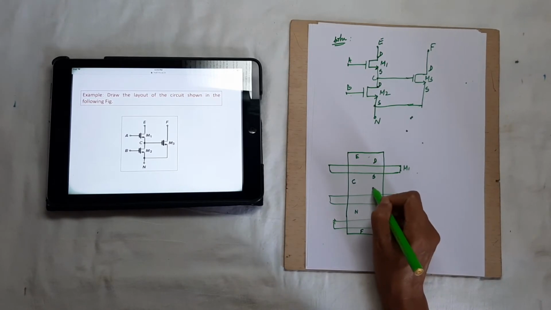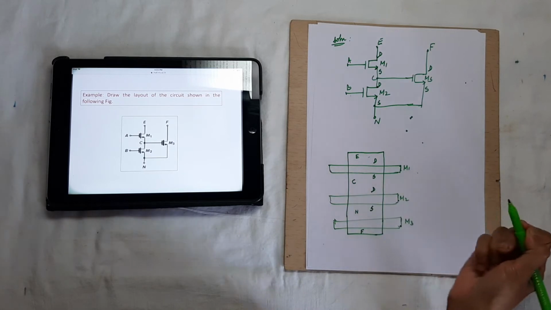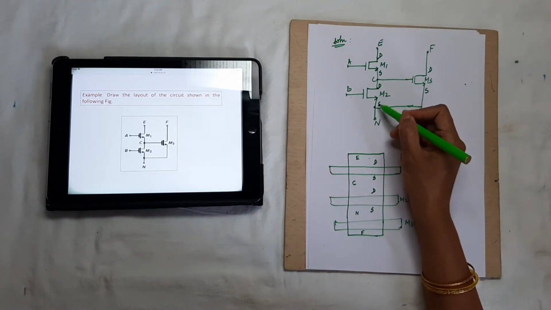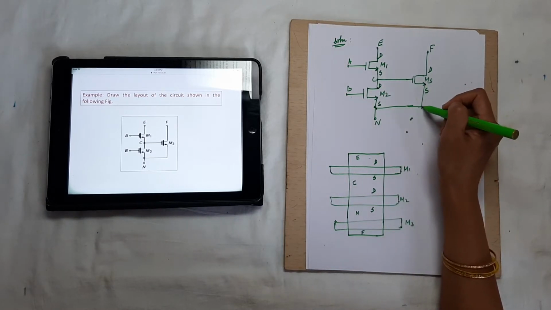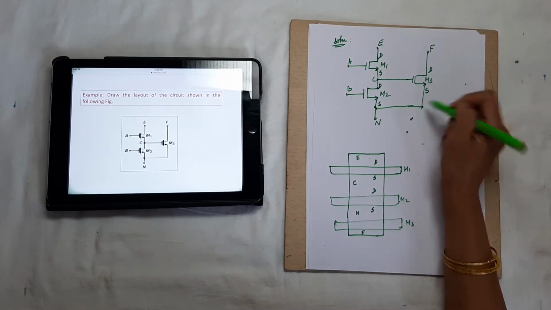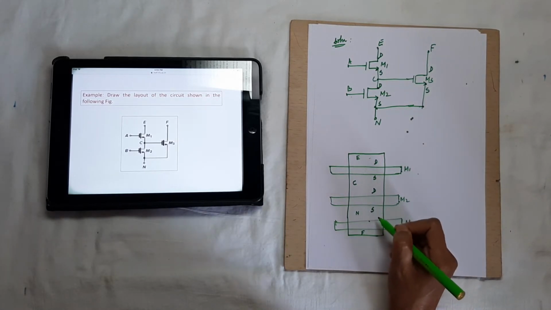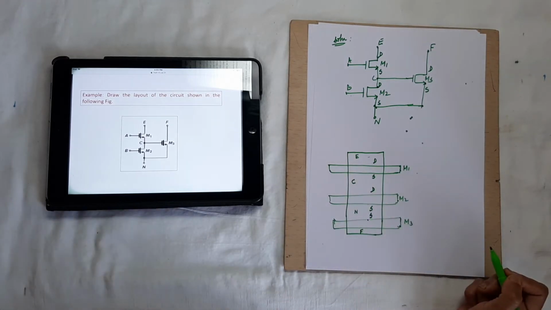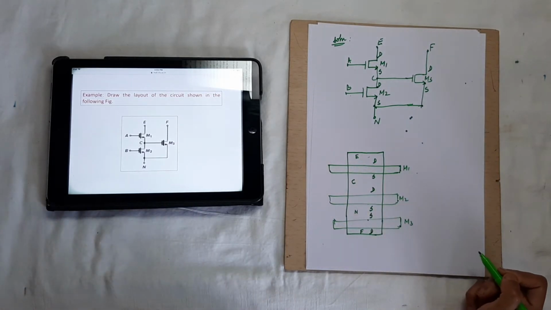Therefore, this should be the drain of M2 transistor, and the other end has to be the source of the M2 transistor. Look here, the source of M2 transistor should be shorted with source of M3 transistor, and through this common diffusion, both the sources can be short circuited. Therefore, we have to represent this as source of M3 transistor, and the other end is the drain of the M3 transistor.